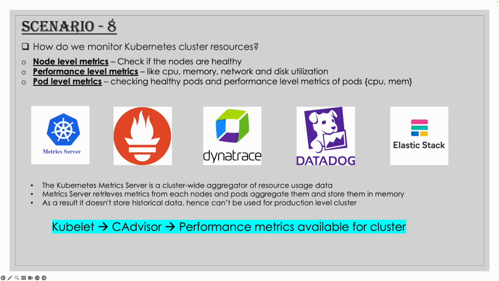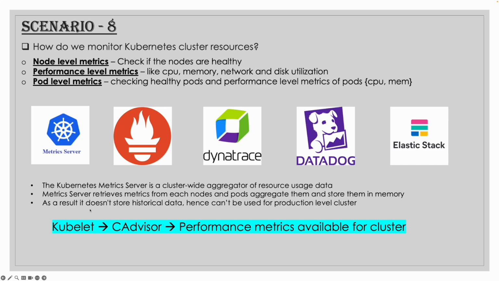So the Kubernetes metrics server is a cluster wide aggregator for resource usage data. The metrics server retrieves metrics from each node and pod, aggregates them, and stores them in memory, from where you can fetch.